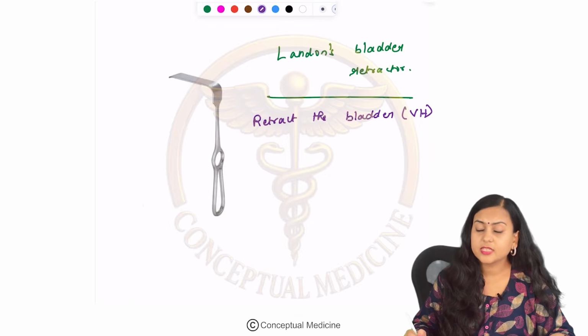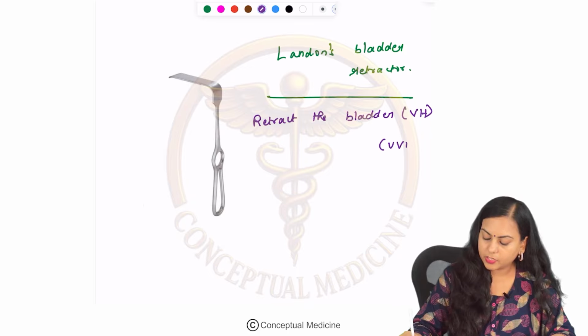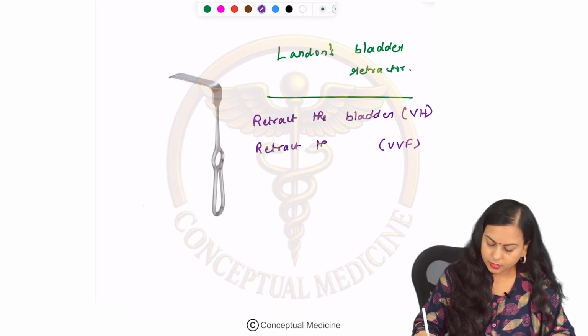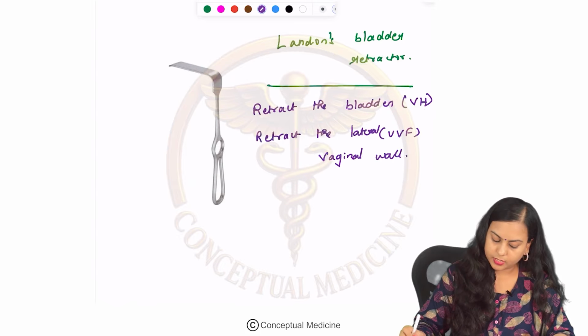It can also be helpful in vesicovaginal fistula repair to retract the lateral vaginal wall. Clear? Right.